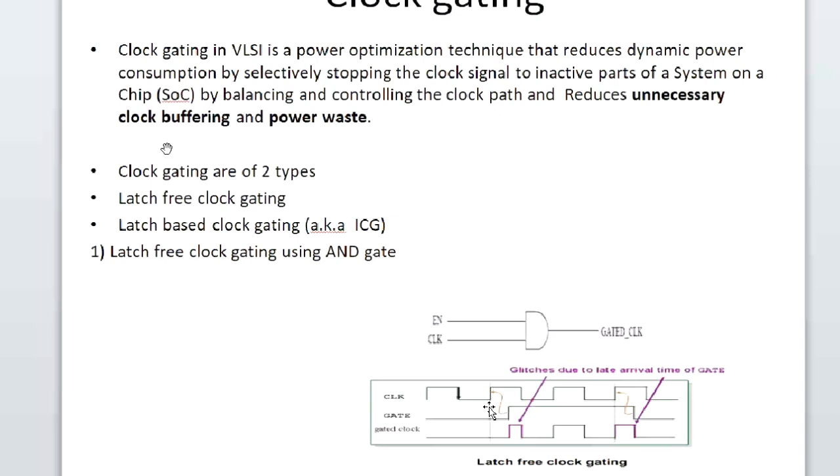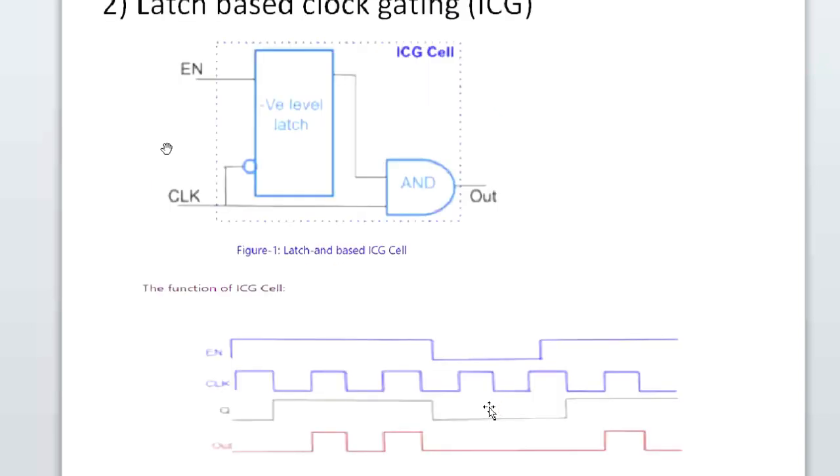So we are avoiding latch-free clock gating and moving to latch-based, which we can say is the ICG. Here we are using an active-low signal, in the sense that the enable is low. Here is the enable signal we are passing, and this is the clock and output Q. At every negative edge of the clock the signal goes high, and again at the negative edge it goes low, and so on.